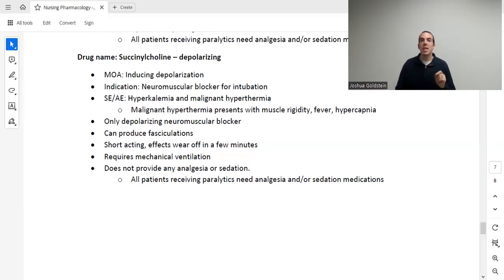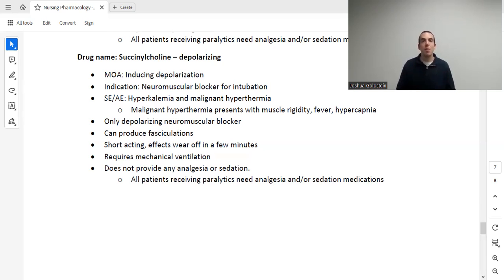It does have a unique aspect in that all the muscles, when they suddenly get that discharge, they all get the command to depolarize, they can cause fasciculation, which is tiny little micro tremors that you can actually see on a patient. The biggest benefit to this drug is that it only lasts for a few minutes. Why? Because for as long as the patient is under this medication, they are not breathing.